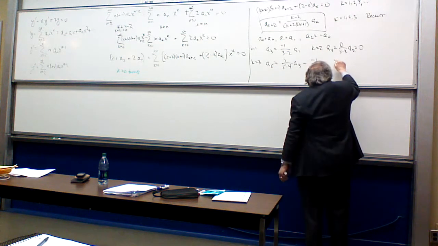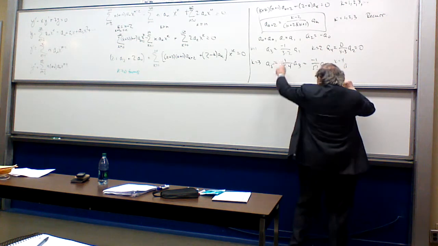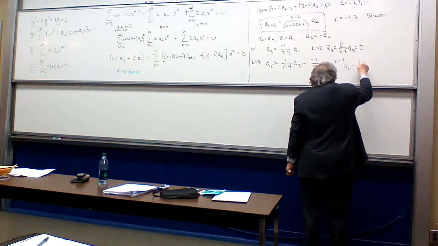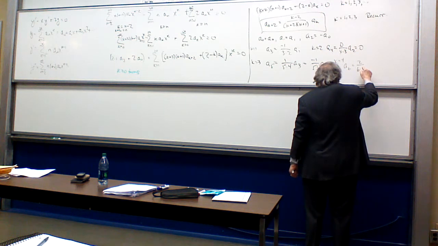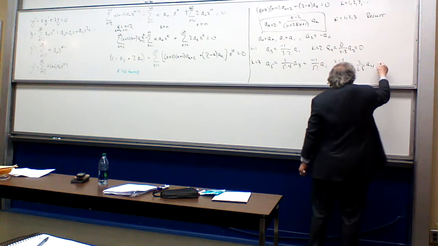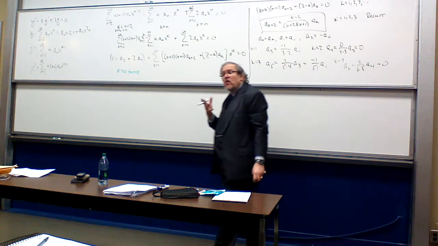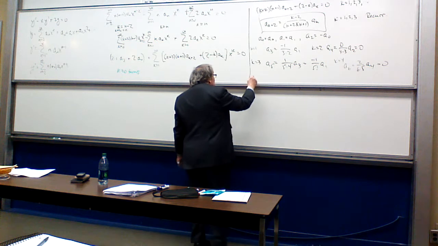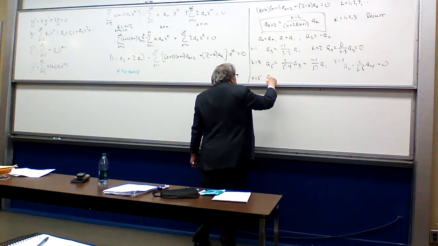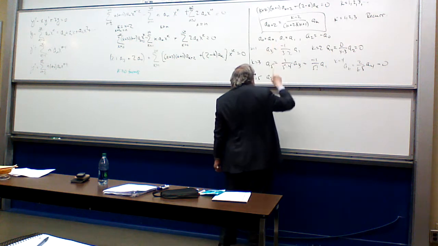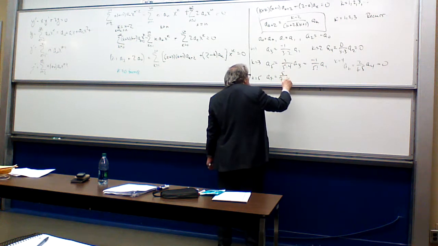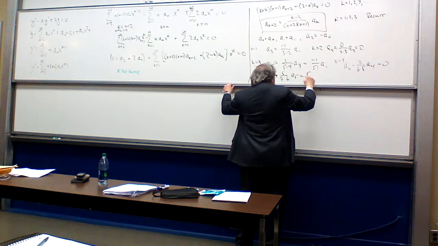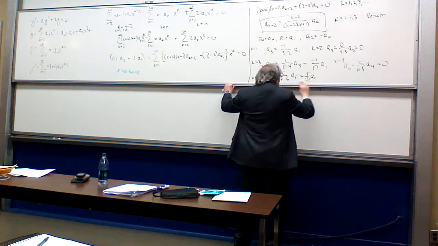K equal 4 gives A6 is 2 over 6 times 5, A4, but A4 is 0. In fact, all the even ones after A sub 2 are 0. K equal 5 gives A7 as 5 over 7, 6, A5, which is 5 over 7 factorial A1.